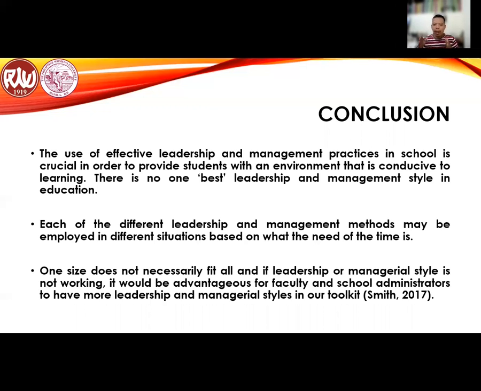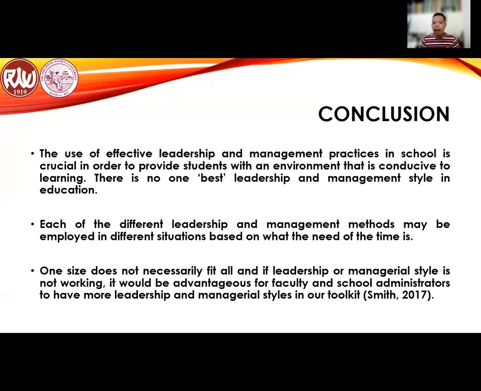Each of the different leadership methods may be employed in different situations, based on what the need of the time is. There are many other styles that are usually practiced in schools. This will help understand why leadership is important in schools and what ways it can help create a culture of innovation, learning, and self-awareness.